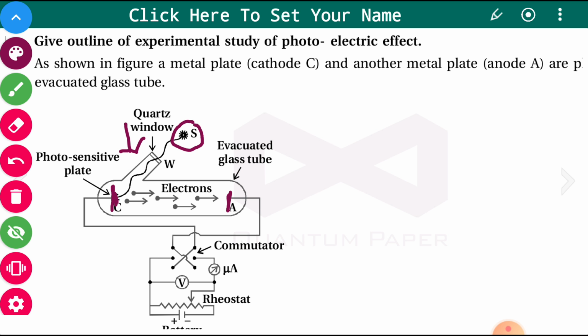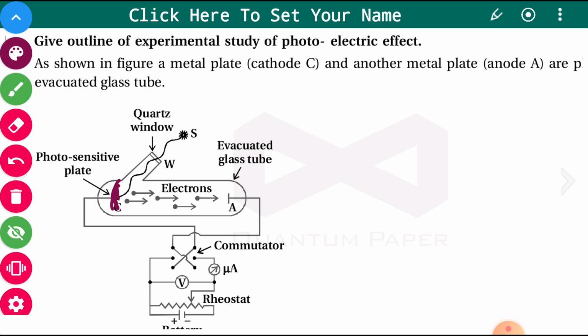Now there is a four-way key, it is a commutator as such. This can help to join this C with the positive terminal of the battery as well as with the negative terminal of the battery.